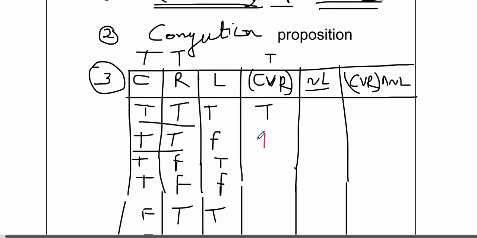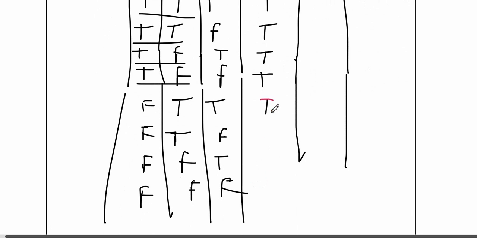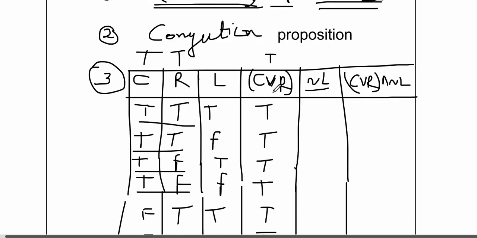Both are true, answer will be true. One is true, any one has to be true, so answer is true. One is true, answer is true. Here also true, true. This will be false because both are false here and both are false here, so this will also be false. So we are done with the column for C disjunction R.